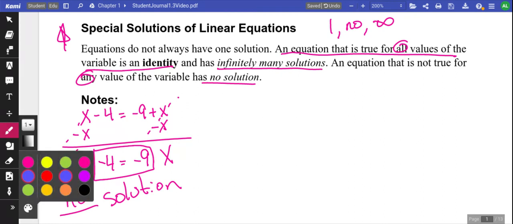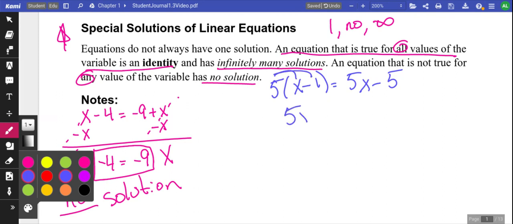Now let's look at something a little bit different. We've got 5 times x minus 1 is equal to 5x minus 5. This is similar to that example earlier. I want to simplify each side first. I can't just start moving terms around until I've got each side simplified, so I'm going to distribute here.